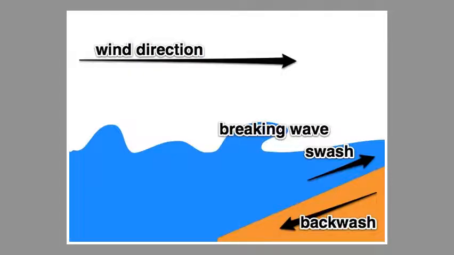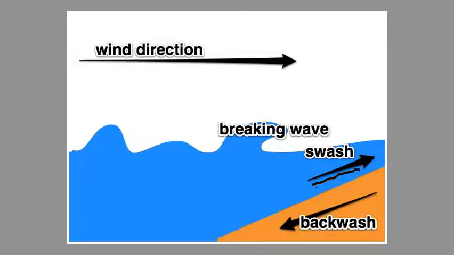Now, before we go on to discuss destructive waves in any more detail, I do want us to understand two concepts when talking about waves, and those are the concepts of swash and backwash. So, let's begin by talking about swash. Swash in our diagram here is shown by this arrow.